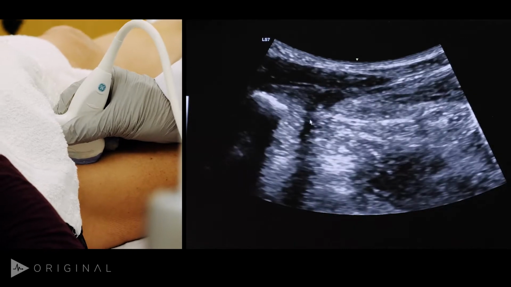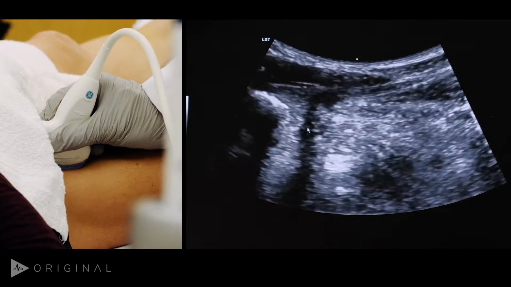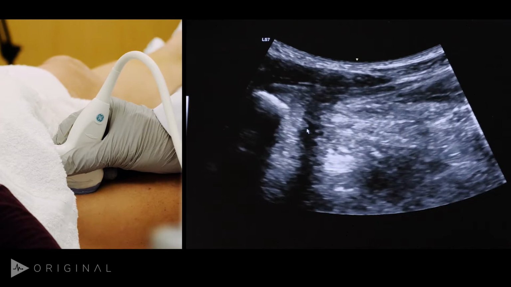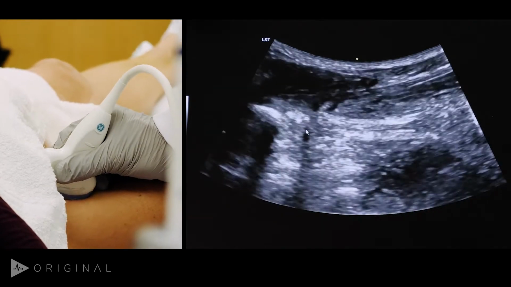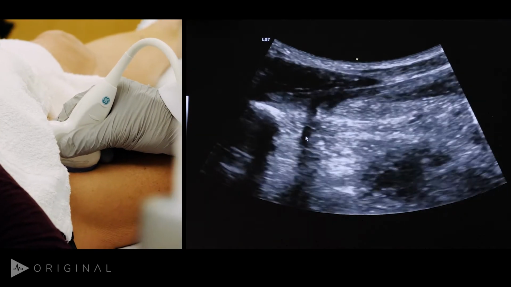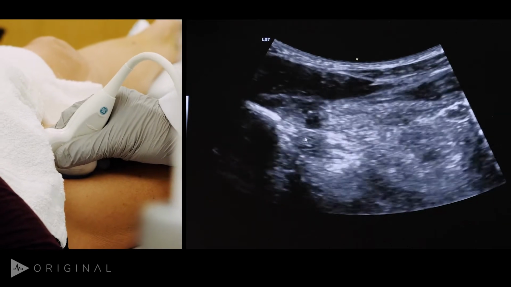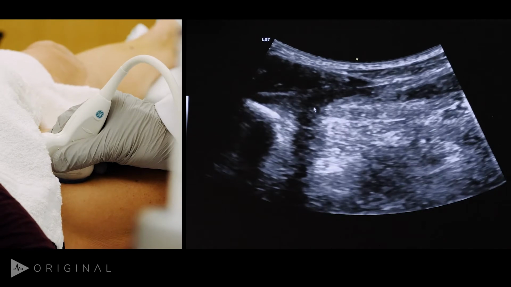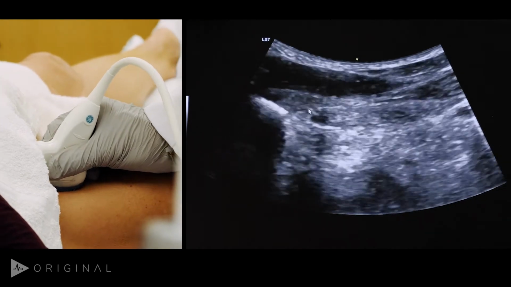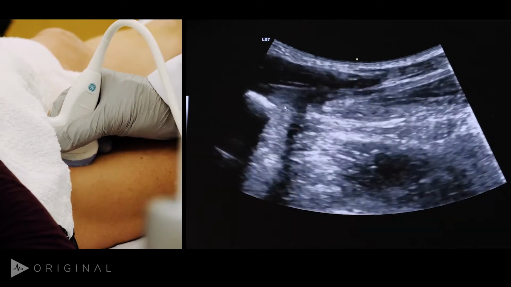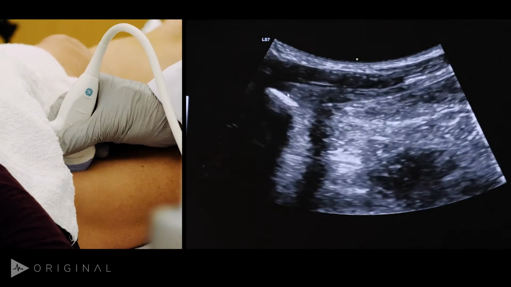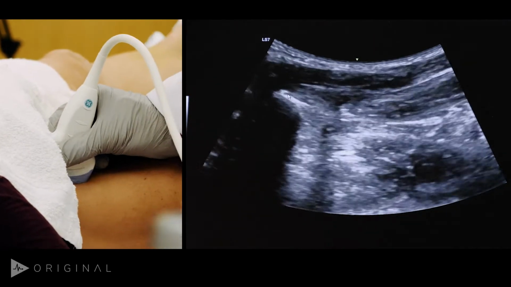This is the second head origin, the reflected head of the rectus femoris. So you can see it's not really well seen, and you might have to finagle your transducer or choose a different one to find the reflected head, but essentially that anisotropic tendon coming up is the reflected head of the rectus femoris. No tears, good insertion onto the anterior inferior iliac spine.